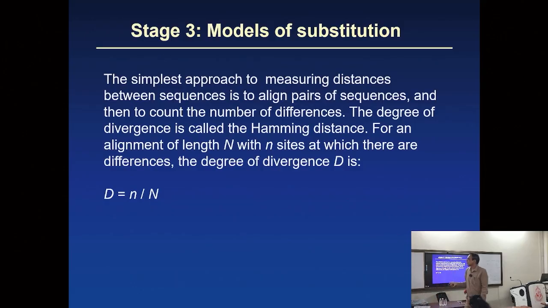Okay, where n is the number of changes in the aligned regions, and aligned regions have a total N residues. So out of capital N there are n changes, and n is a small n. Multiply by 100, that is the percent change. Okay, that is the Hamming distance.